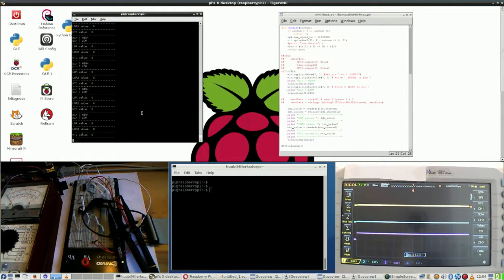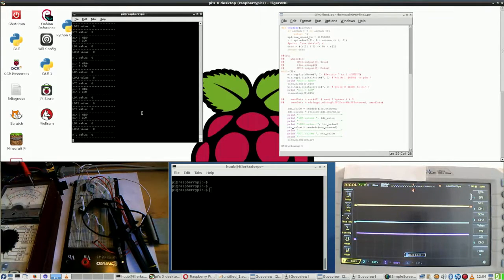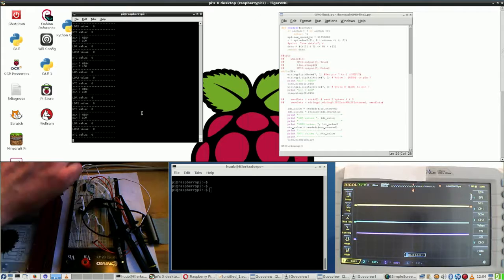That is a very good question. Right now kilo ohms 100, so it should be somewhere. If this is 100 kilo ohms, it should be somewhere there.